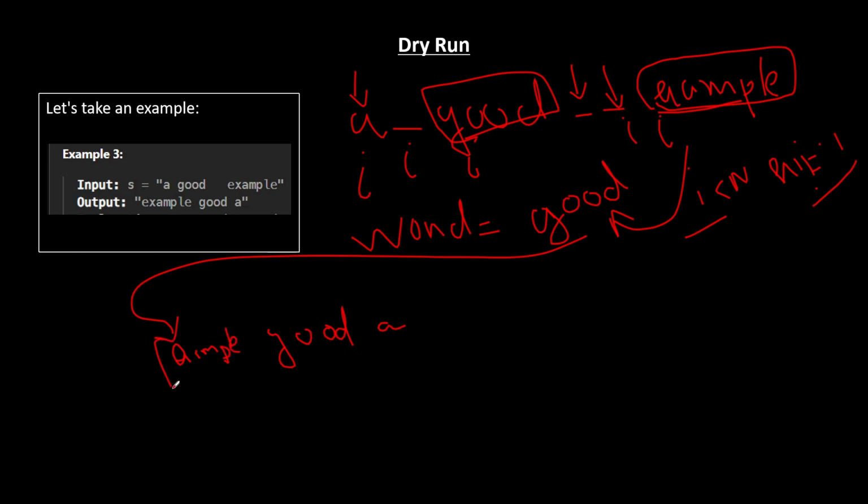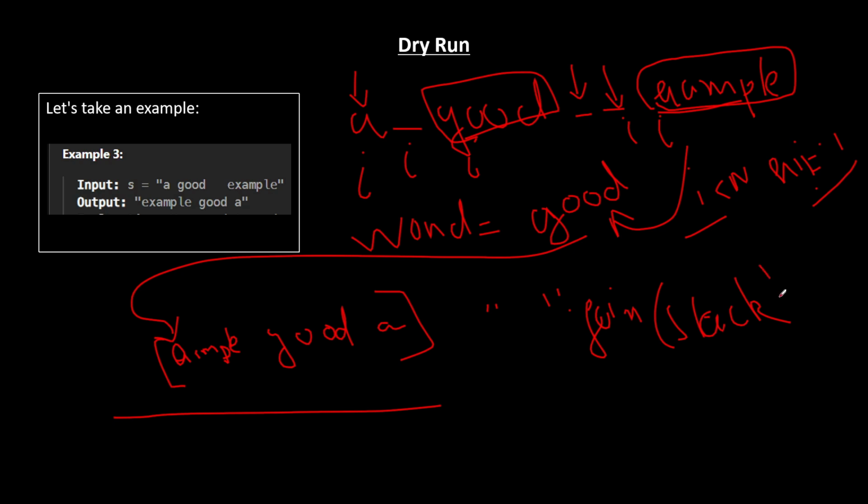This is done. The loop ends, and we have a DQ of this sentence. And we will use the join function to make it a string and return it. So yeah, this is how our code works. I hope you understand the dry run of the problem.